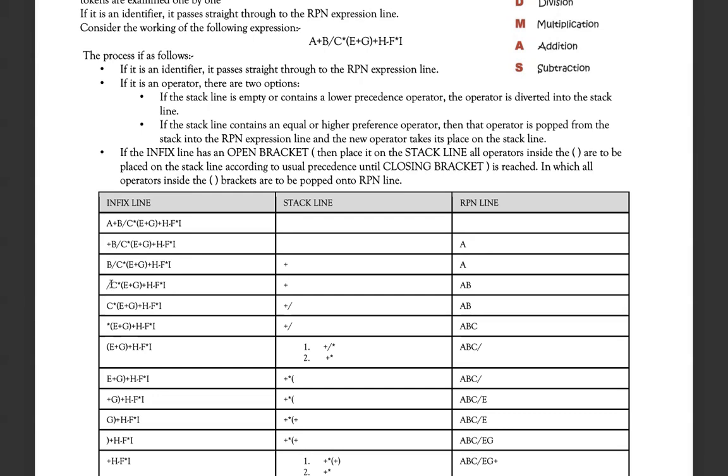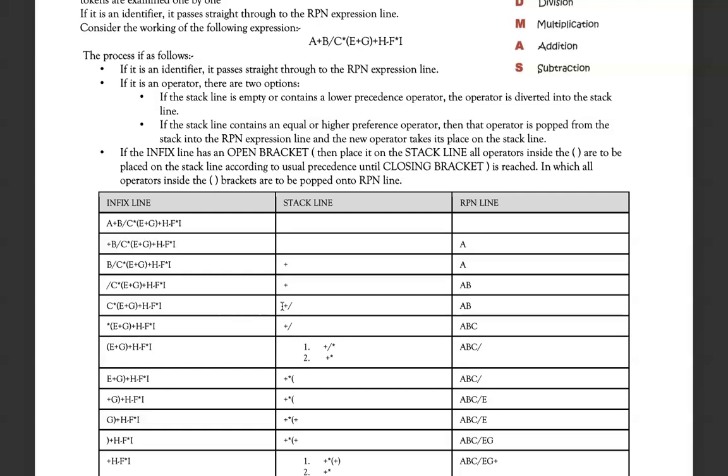The next thing we see is the division sign. Now division has a greater operator precedence than plus. So again, the same rule that we just discussed applies. If my stack is empty or has a lower precedence operator in it, then I will simply place this new operator on top of that. Since my stack already has plus in it, and plus has lower precedence than division, I will take this division symbol and place it on my addition sign over here.